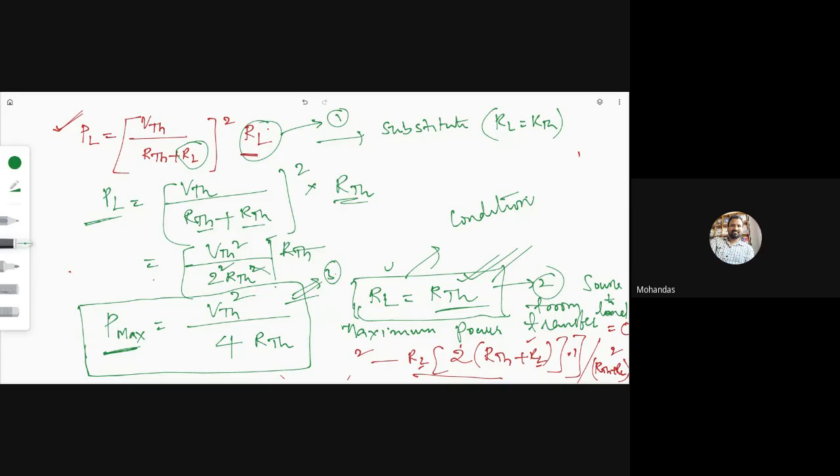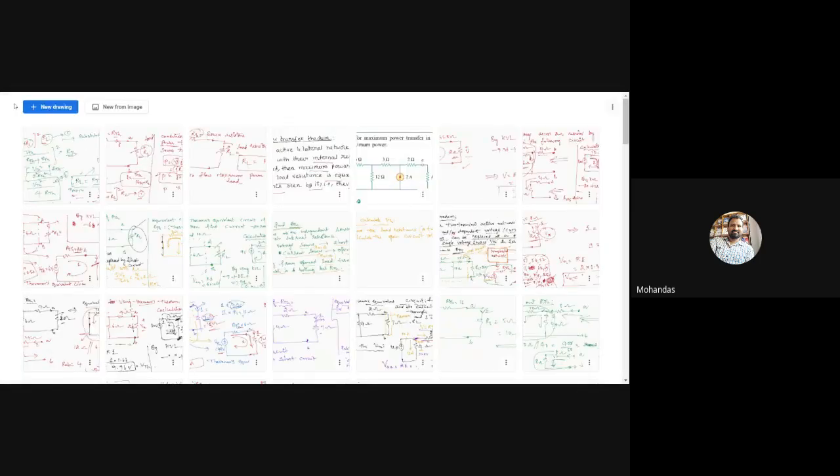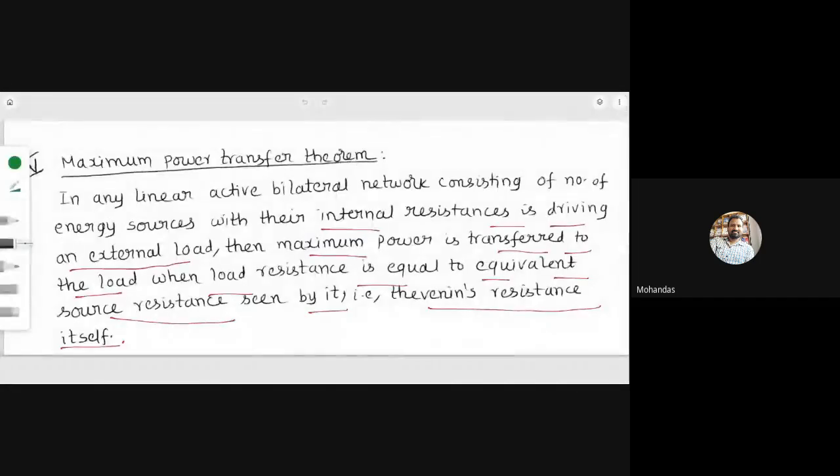Now come to the statement, then we can understand the statement here. Maximum power transfer theorem: in any linear active bilateral network consisting of a number of energy sources with their internal resistances, what is this internal resistance here?